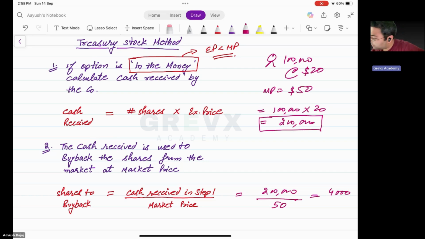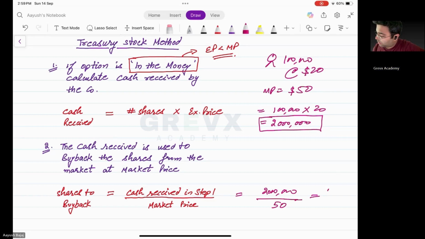Yes. It is 2 million. 2 million divided by 50 will get 40,000.